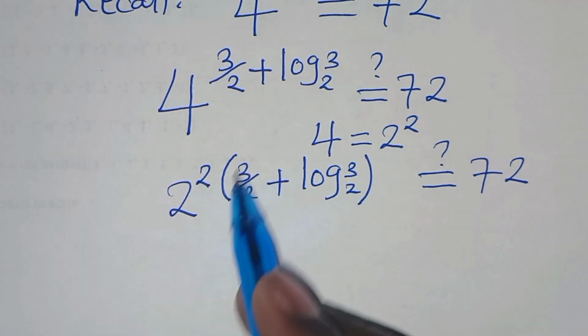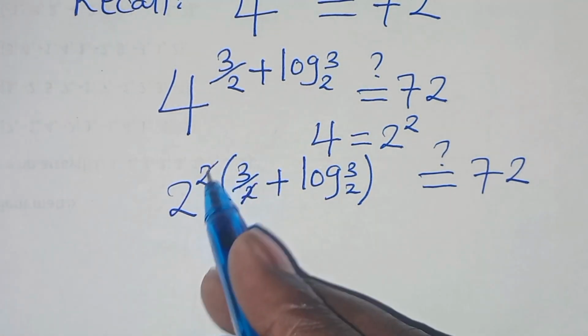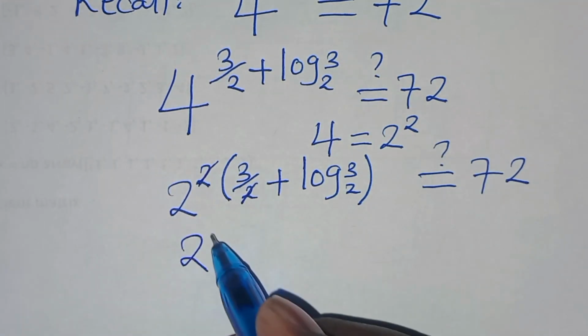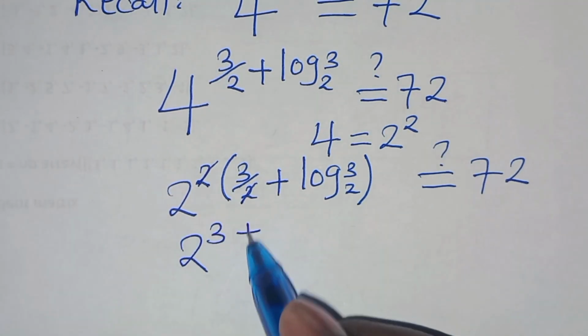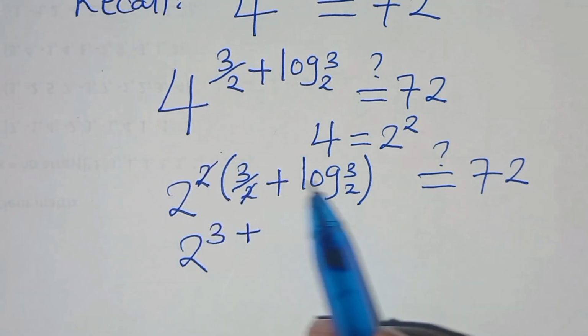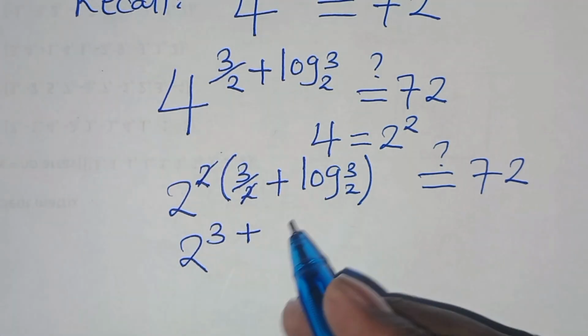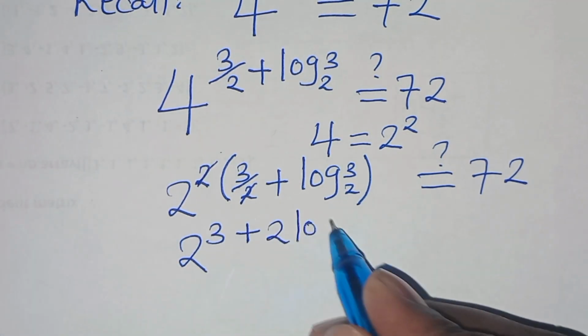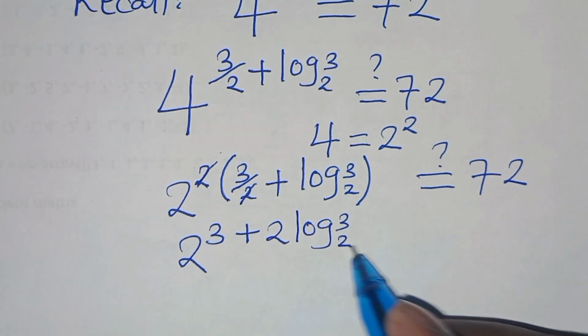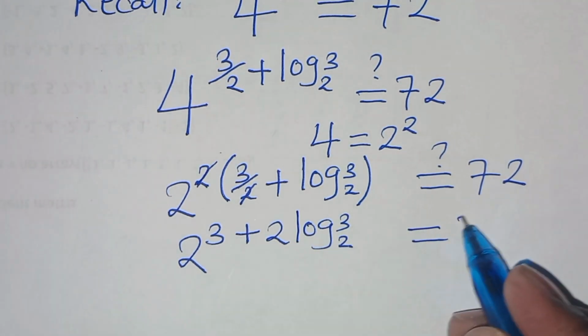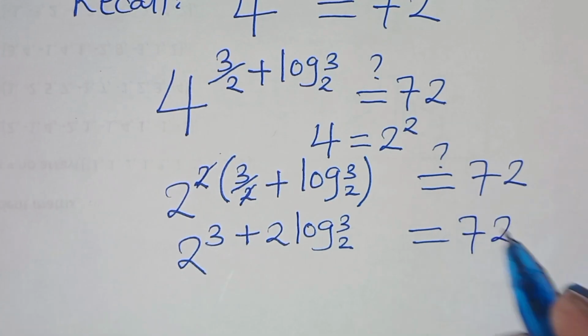Let's simplify here. 2 and 2 simplify, so here we have 2 to power 3 plus 2 times log 3 to base 2, which is 2 log 3 to base 2, and this is supposed to give us a value of 72.